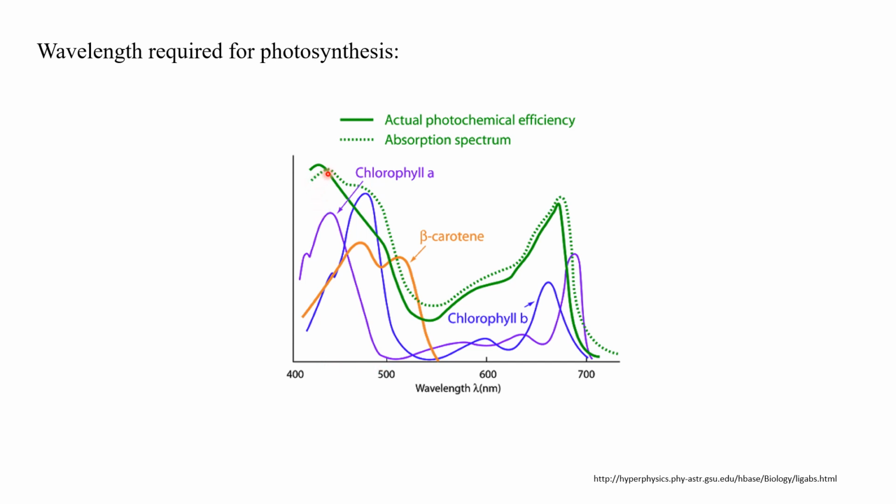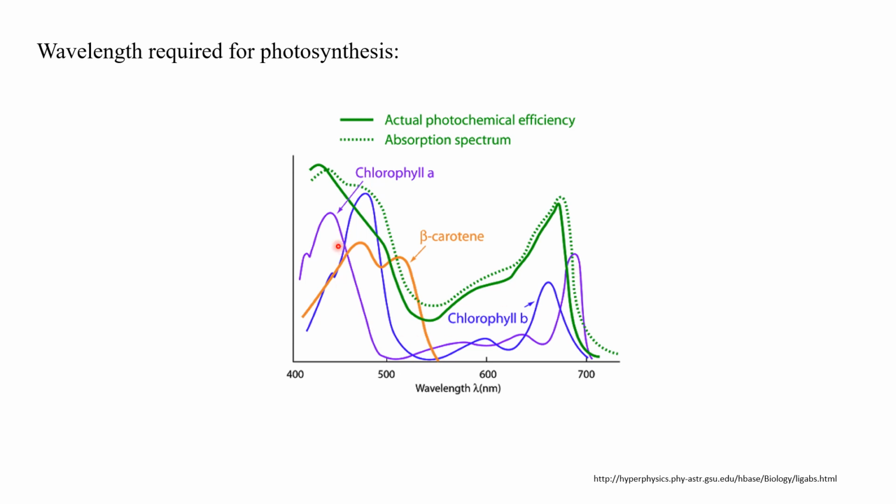As you can see here, the absorption spectrum is quite high in this range, and 600 to 700 nanometers, which is called the red range. And here is also another peak in the absorption spectrum. Therefore, the best light sources for photosynthesis should ideally emit light in blue and red ranges. So plants absorb blue and red light for photosynthesis.